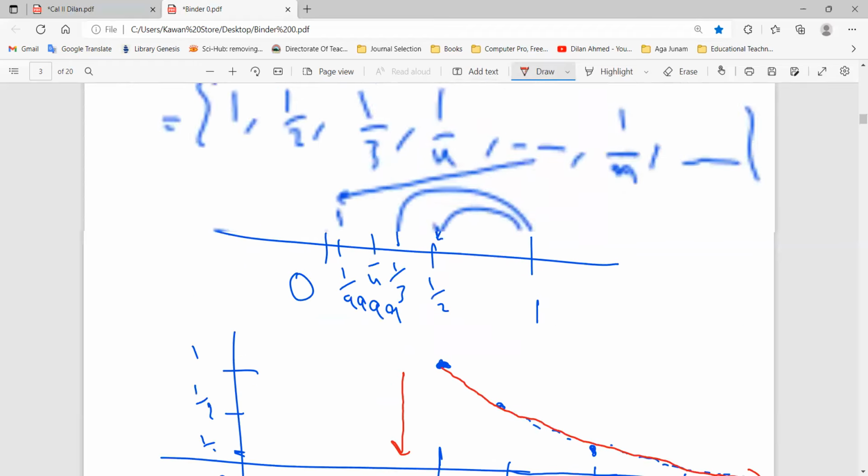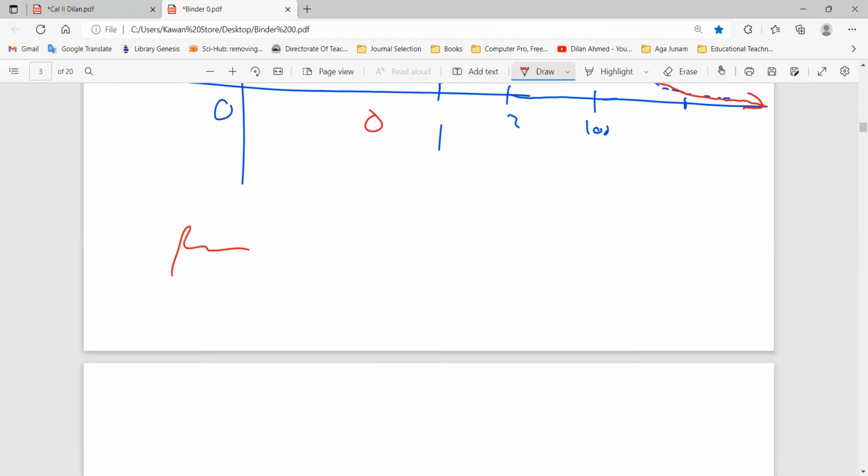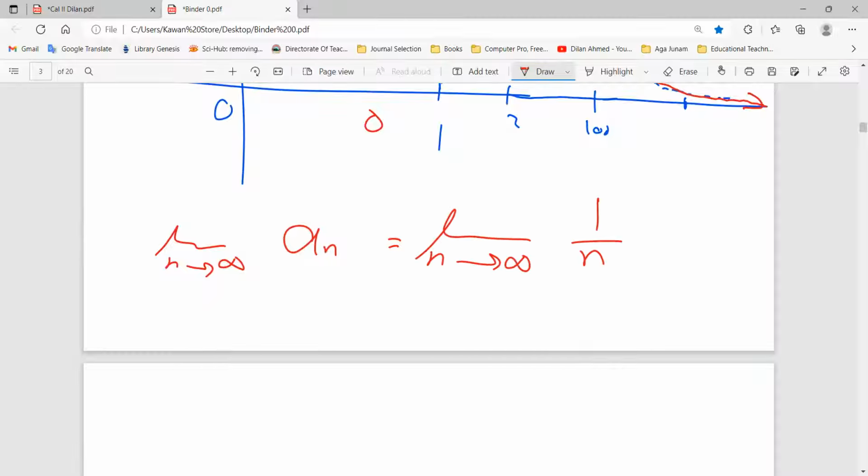That's why I say the limit, look, we are going to take a limit. The limit as n approaches infinity of AN is equal to the limit as n approaches infinity of 1 over n. Am I right? Yesterday we talked about that one in 8.8.